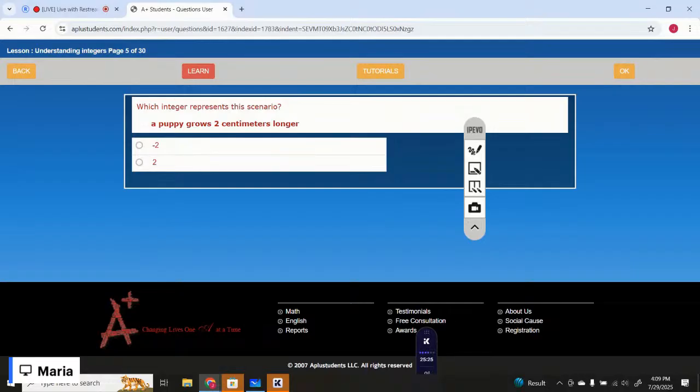Which integer represents the scenario? A puppy grows 2 centimeters longer. Option number 2 is the correct option.